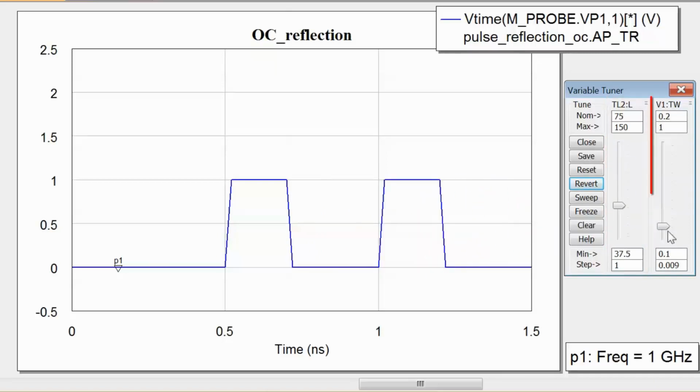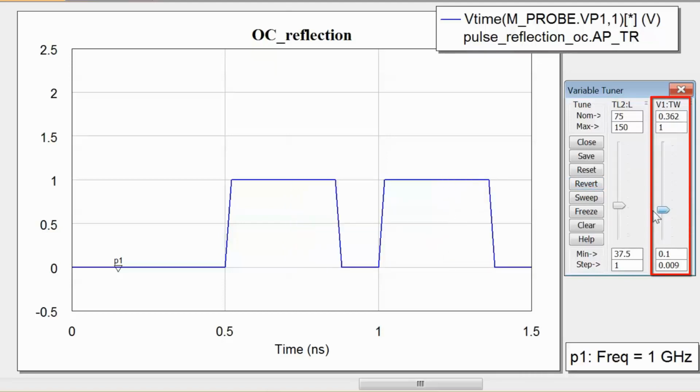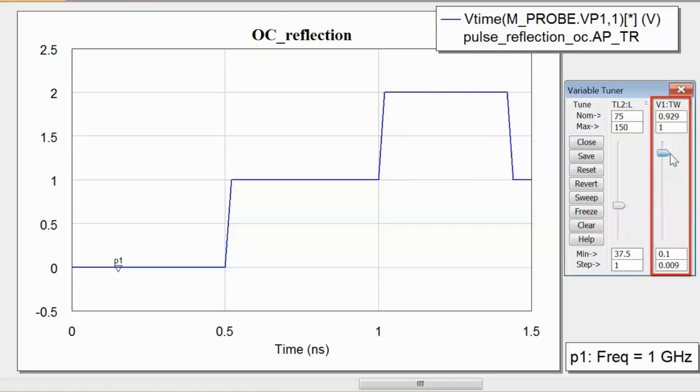Now, if I increase the width of the pulse, what is going to happen is that by the time the reflected pulse comes back, the incident pulse may still be produced by the generator. So if I increase the width to a certain point, you can see that we get to a stage where by the time the reflected pulse comes back, the incident pulse is still there.